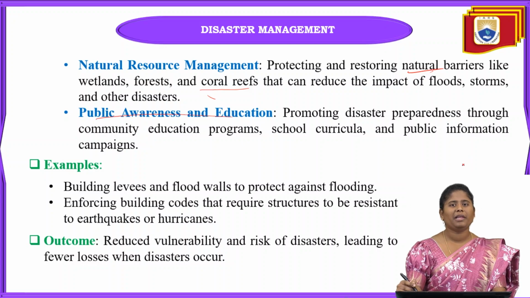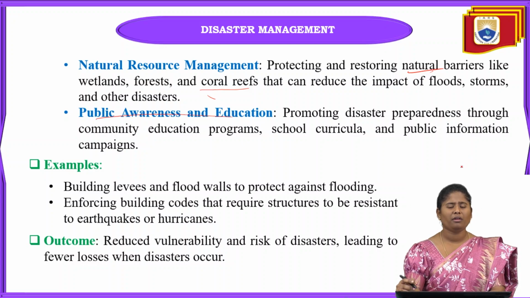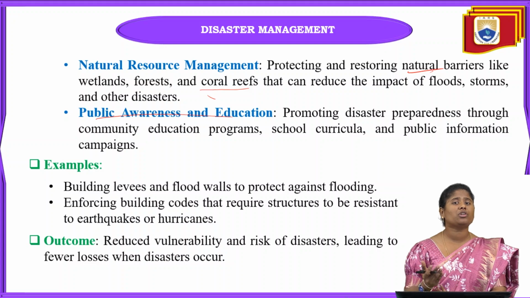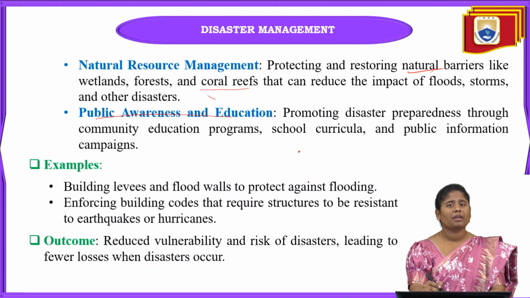Next one is public awareness and education. Here we have to promote disaster preparedness among the people. Community education can be done, community programs can be conducted, so the people can be very much aware of these disasters and how they are going to prepare when a disaster is going to happen. We have to include disaster management in the school curriculum, and public information campaigns also we can do.